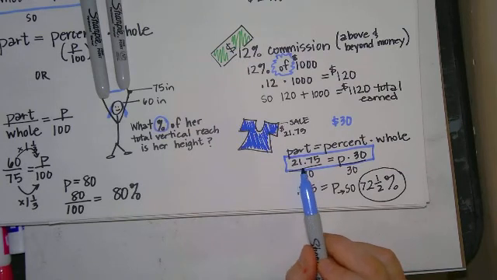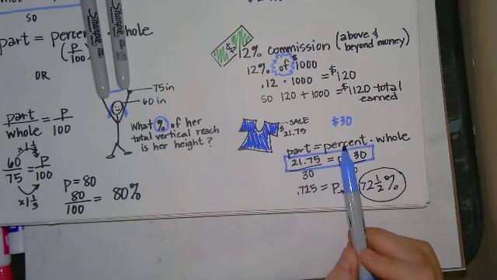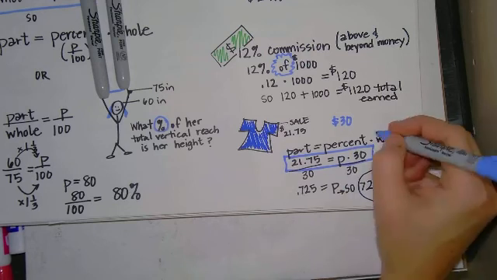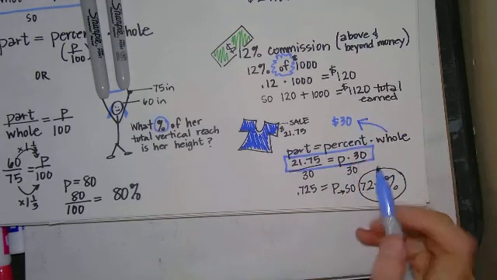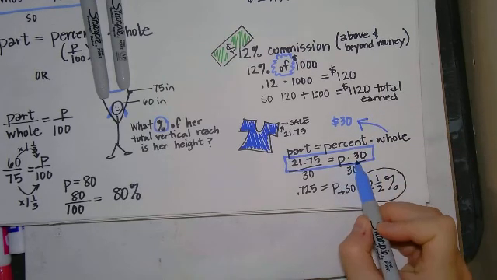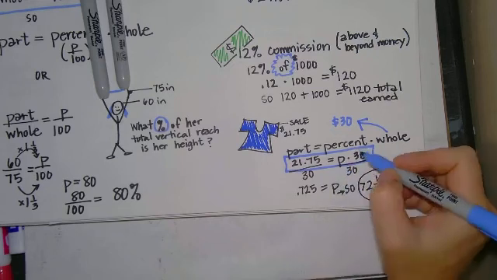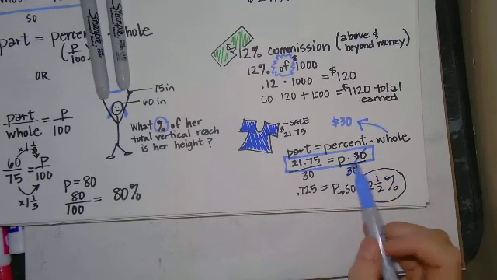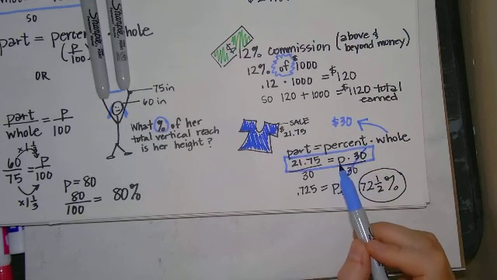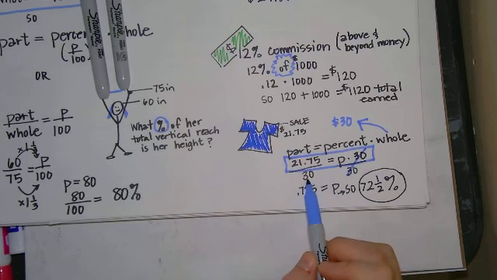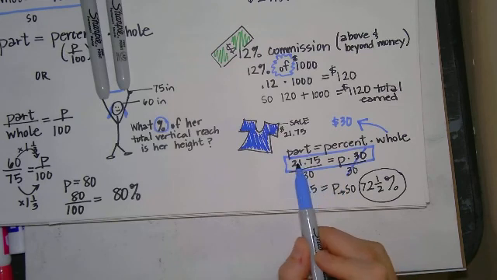So we're going to take our part, that's $21.75. That's going to be equal to the percent times the whole. Remember, the whole is our original price. So just like before, since we're multiplying by 30 here, we want to divide by it. So we're left just isolating our percent. Then we have to divide over here by 30.